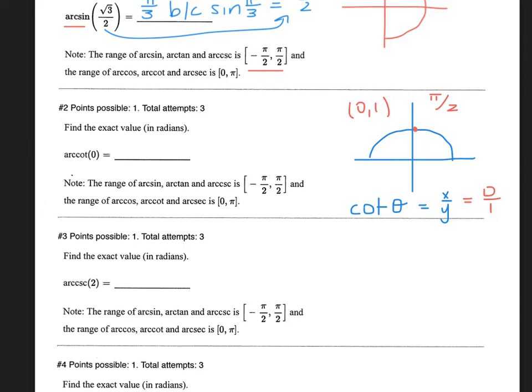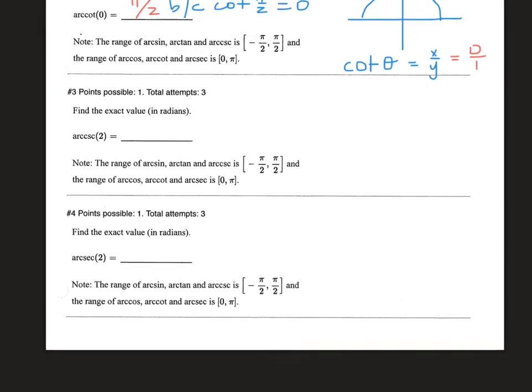So arc cotangent of 0 is equal to the angle pi over 2, and that is because cotangent of that angle pi over 2 is equal to 0.